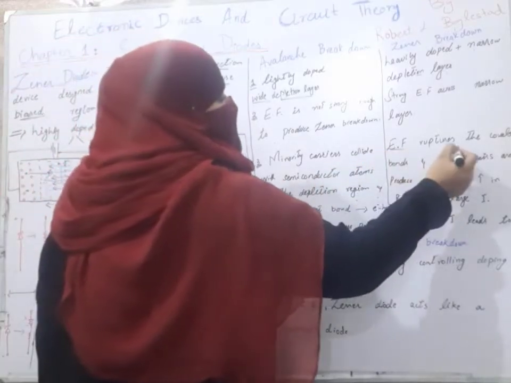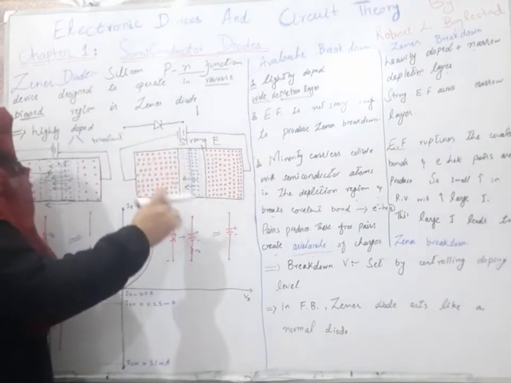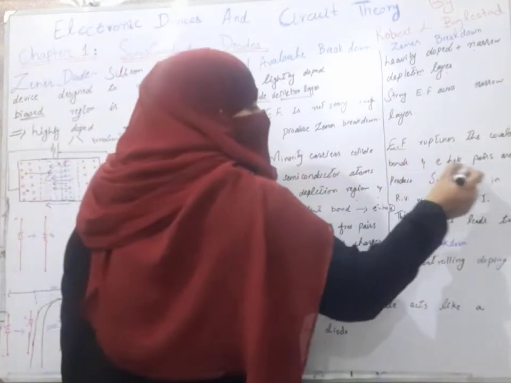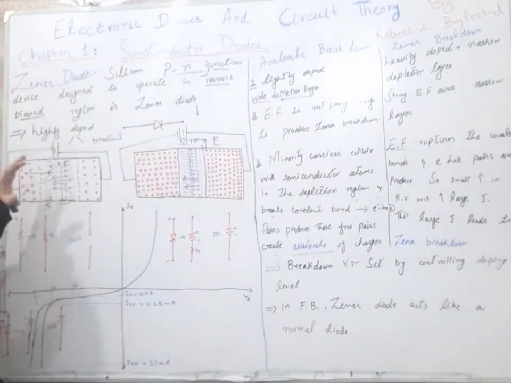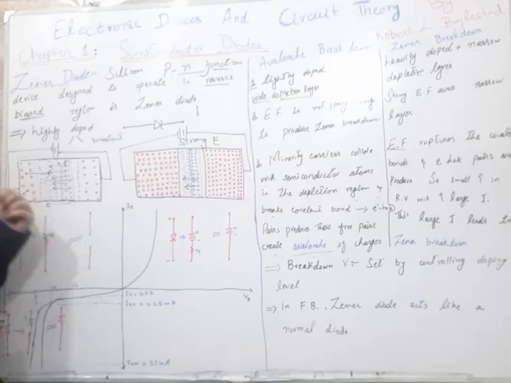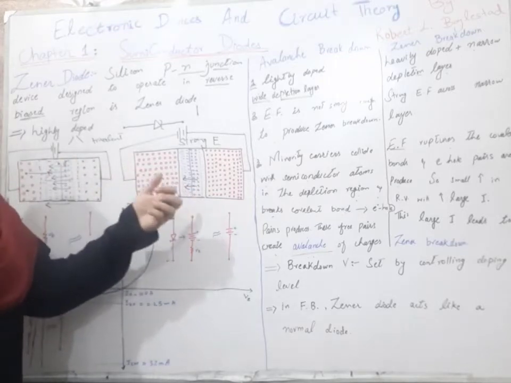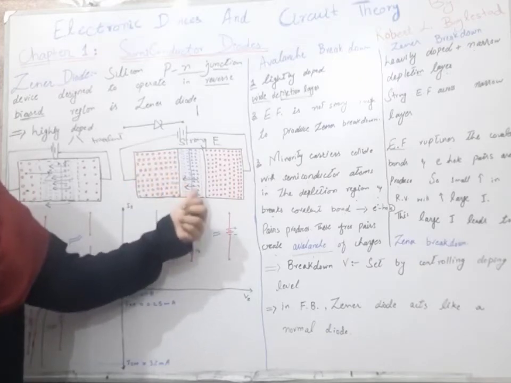Electric field ruptures the covalent bond. In this case, the strong electric field will rupture the covalent bond, and electron hole pairs are produced. In avalanche breakdown, the covalent bond breaks because of the collision of minority charge carriers, but in this case the covalent bond breaks and the electron hole pairs are produced because of the strong electric field.